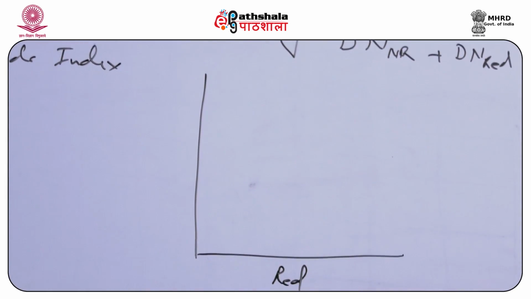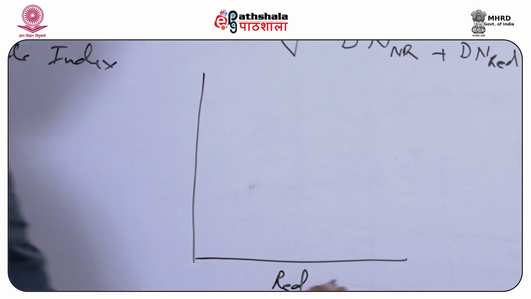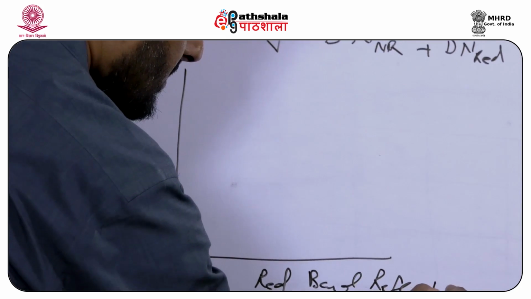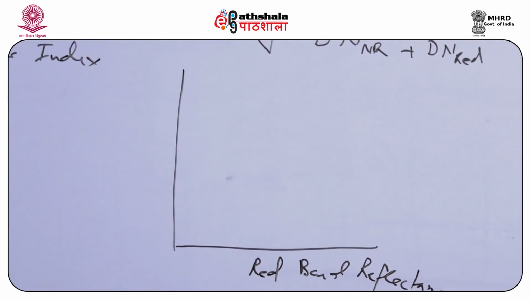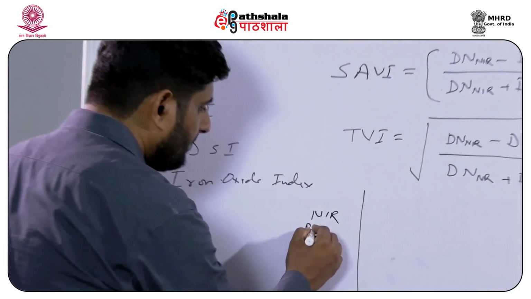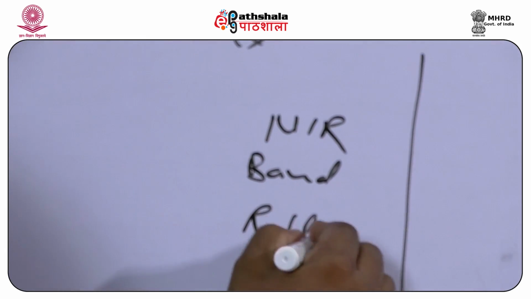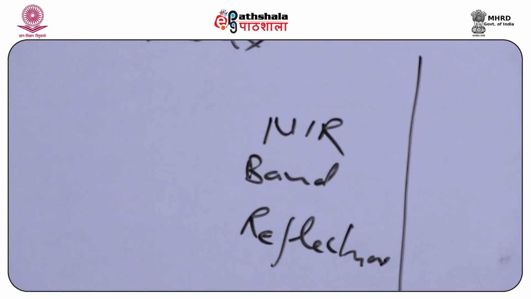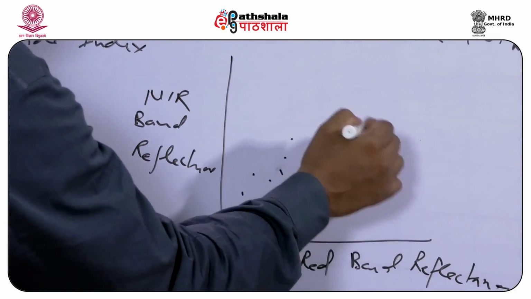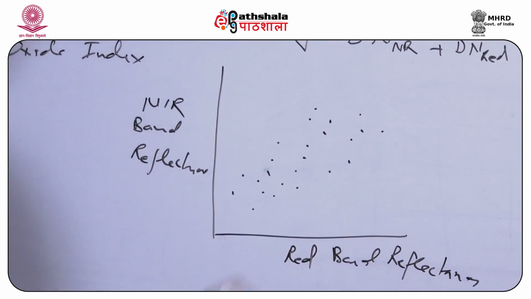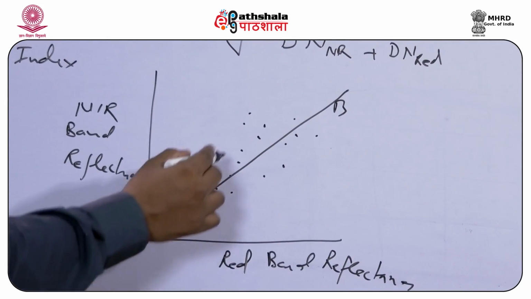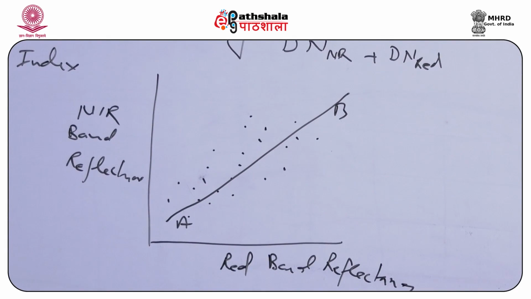we have on the x axis red band reflectance, and on the y axis we will have near infrared reflectance. So, a scatter plot would contain different points like this. This line AB represents the soil line with different wetness or different moisture conditions.